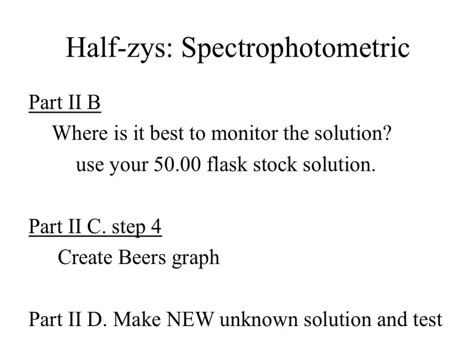Make sure that you know exactly how you mix those. Part 2D, you're going to then go through and make a new unknown sample. That's going to be with more nitric and sulfuric acid to make an unknown sample that you can then test spectrophotometrically. Questions about any of that?